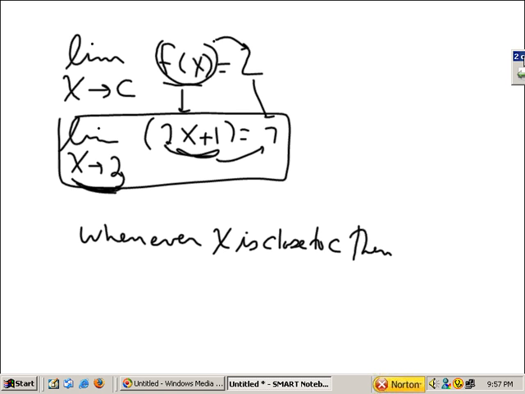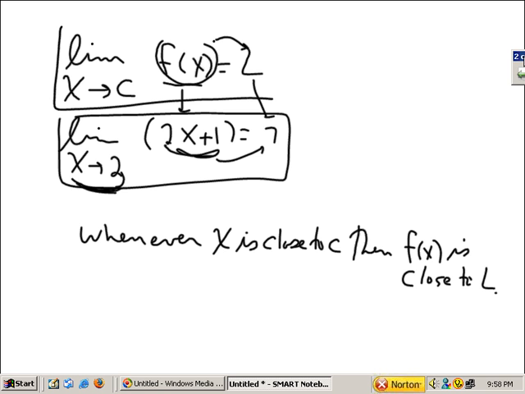Whenever x is close to 3, then f of x is close to 7. Excuse me, close to L. Whenever x is close to c, then f of x is close to L. That's what this is saying. Now, how might I say x is close to c more mathematically?